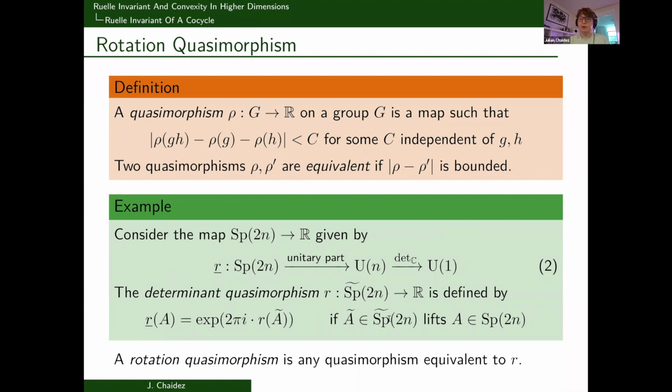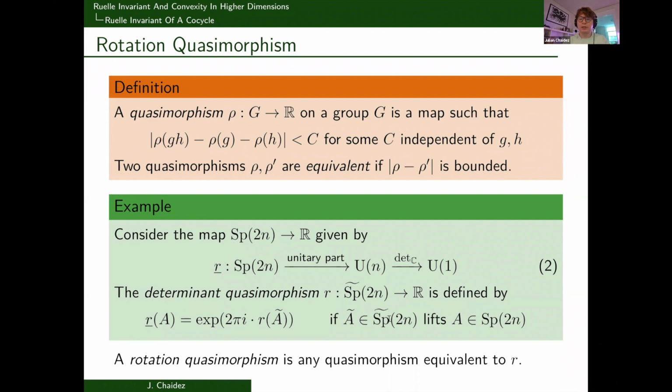So if there's some C such that rho of g minus rho prime of g is less than C for every g. These things abound in symplectic geometry, or well, maybe not abound, but there's one specific equivalence class of quasimorphism that shows up all the time, which I will call the rotation quasimorphism.